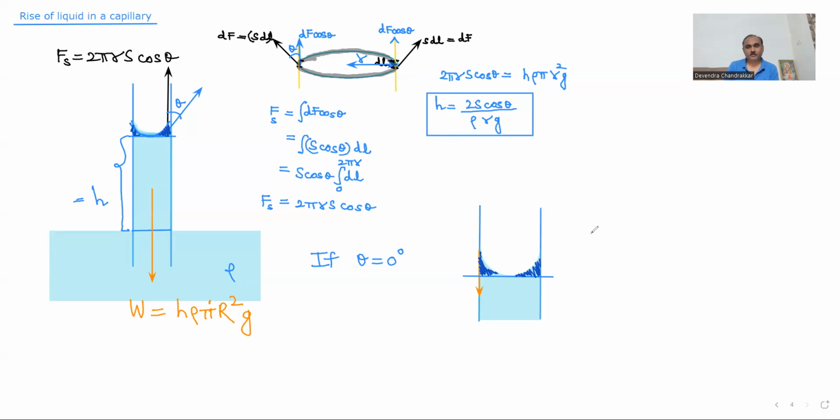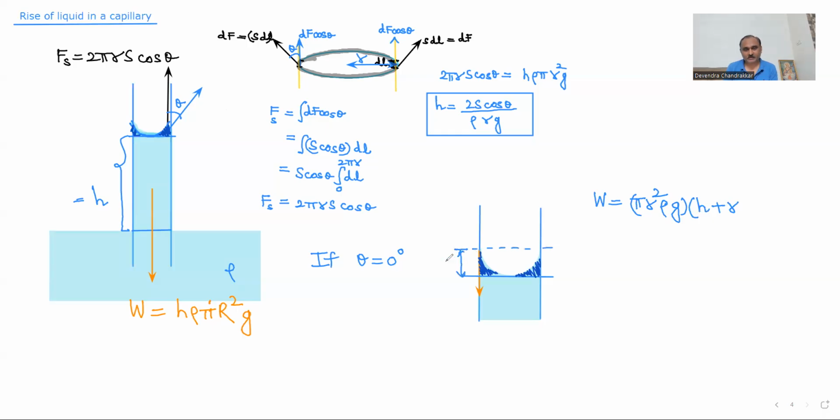Okay. So now what about the weight of the liquid now? Weight of the liquid will be, see, this pi r square remains as it is, right? Then rho remains as it is. G remains as it is. The only thing which will change is H plus R was the height up to this point.